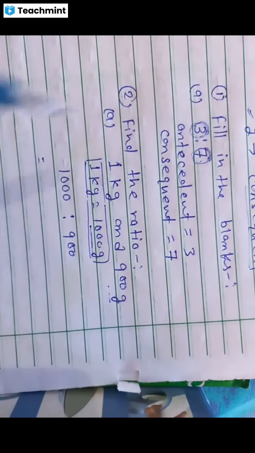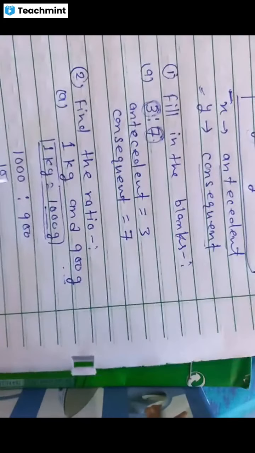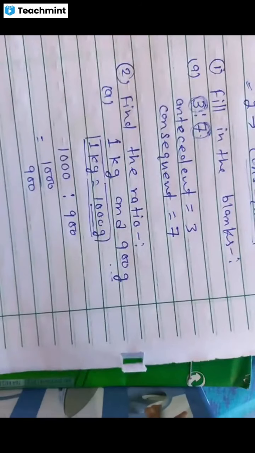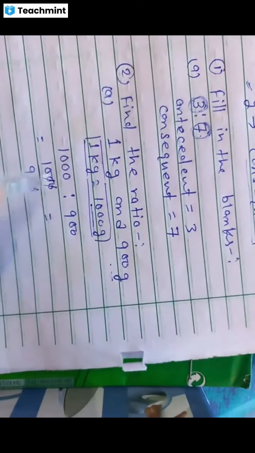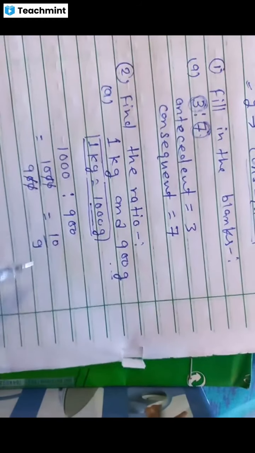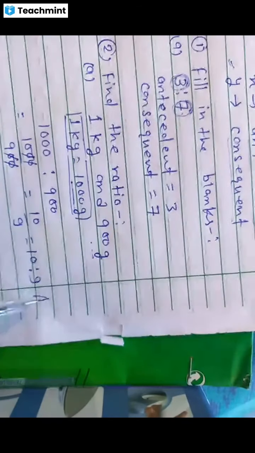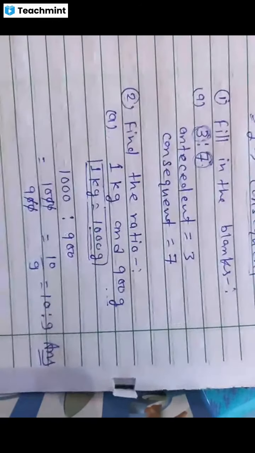Now, I have already told you, look, x ratio y equal to x upon y. So you can write here 1000 upon 900. Okay, 0 0 cancel, 0 0 cancel. So you can write 10 upon 9. Again you can write 10 ratio 9. That is the answer. Okay, so similarly you can do other questions.